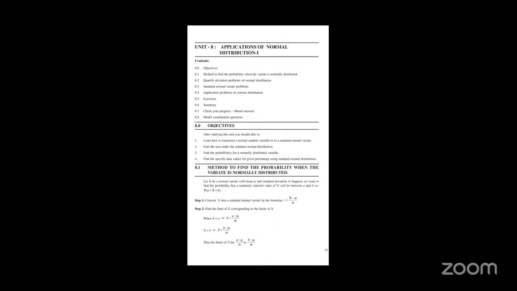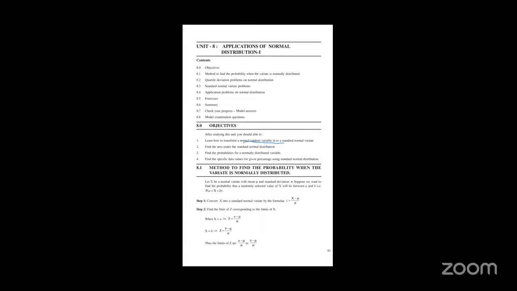We'll see now. So coming to that, in this unit, unit 8, we will cover four things here. After studying this unit, we will be able to do these things. Learn how to transform a normal random variable into a standard normal variable. First, if they give any normal random variable, we will convert it into the standard normal variable.